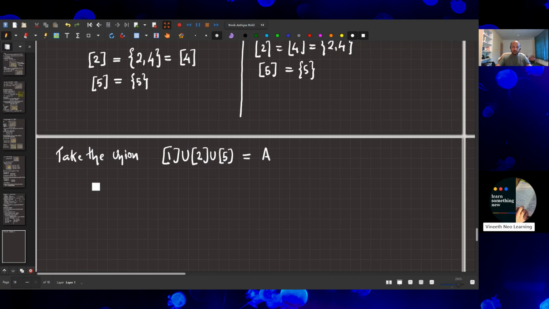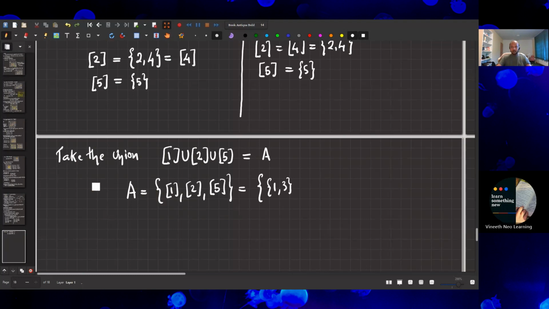Also, if we write A as the set {1, 3}, {2, 4}, {5}, we get a partition of A, isn't it?